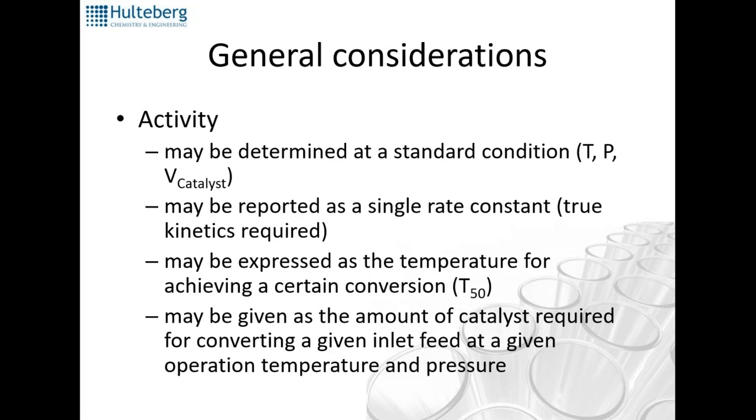And we can also finally give the amount of catalyst for converting a given inlet feed at a given operating temperature and pressure. So we have two different catalysts. One requires 15 grams of catalyst to convert the feed at the temperature and composition that we decided, but another catalyst only needs 5 grams. So the lower weight is, of course, the more active catalyst.